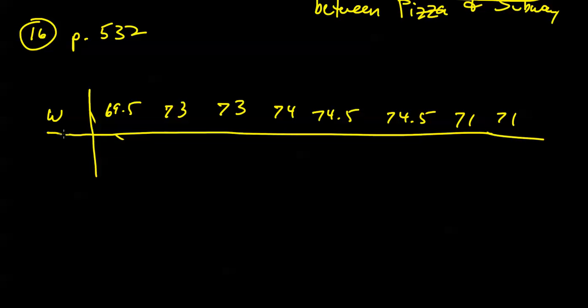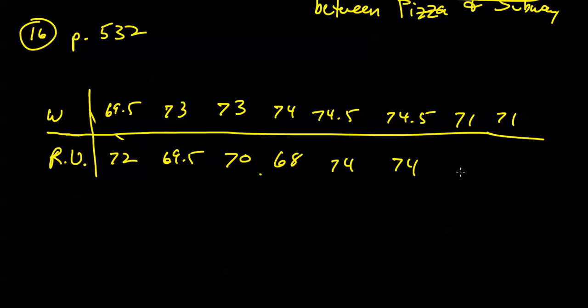Alright, notice it's kind of hard to predict from looking at this raw data because this data is not sorted in the lists. So let's see, runner-up, I'll just abbreviate that RU, and heights in inches: 72, 69.5, 70, 68, 74, 74, 73, and 76.